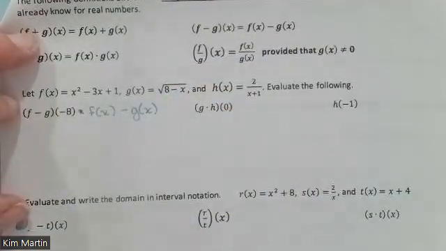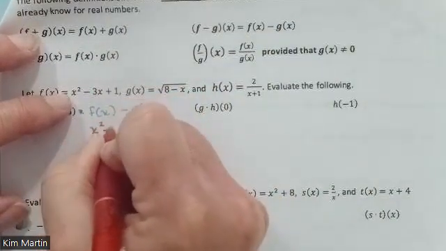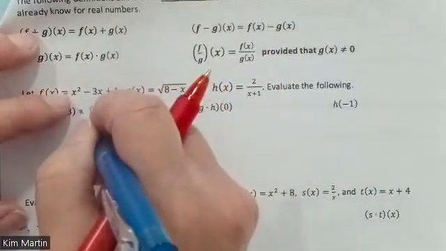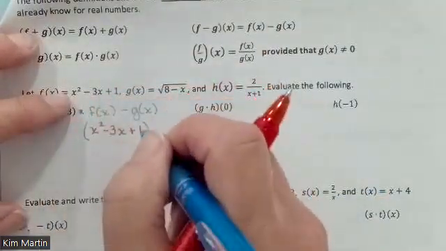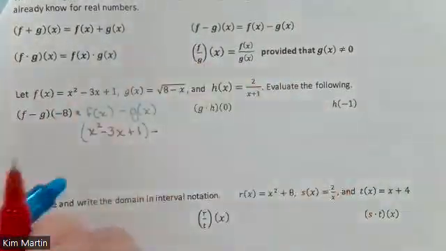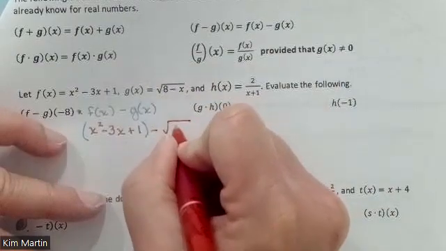So this is pretty easy. All you're going to do is take your f of x function, which is x squared minus 3x plus 1. That's your f of x function. And you're going to subtract your g of x function. And your g of x function is this.